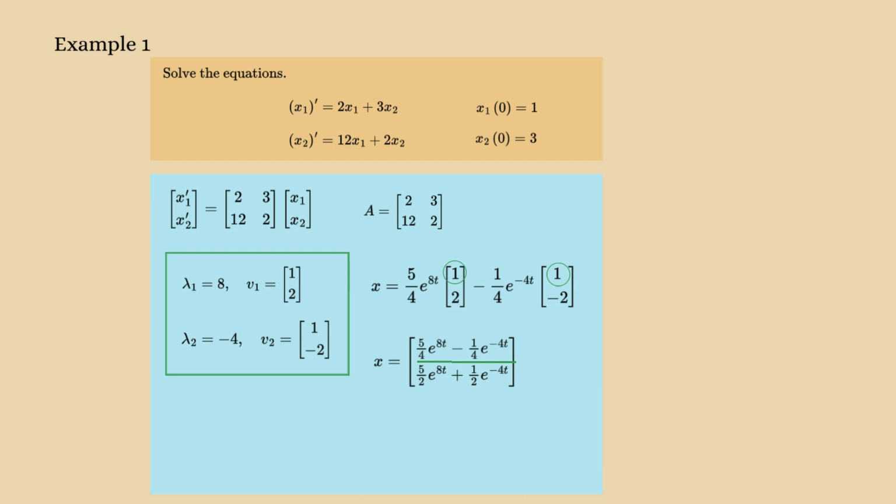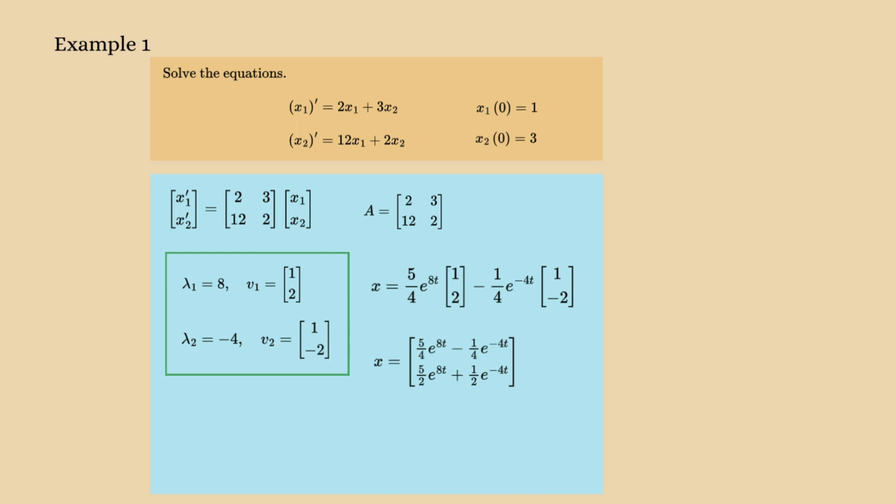So we can collect these two components. And similarly, if we look at the second components, that will be 5 over 4 exponential 8t times 2 minus 1/4 exponential negative 4t times negative 2. After algebra, we will get the following equation.